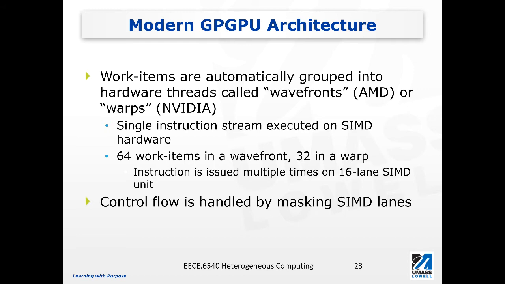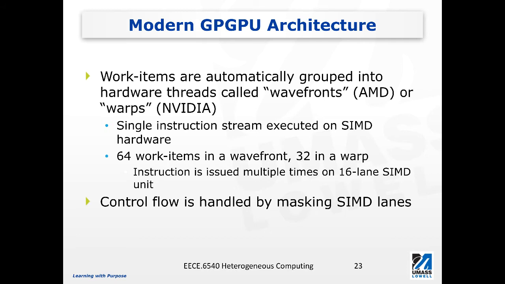And because it is SIMD, there are multiple SIMD lanes concurrently executing the single instruction. So in theory, you can have up to 64 work items in a wavefront on AMD processors and 32 in a warp on NVIDIA processors. These are the active hardware threads currently executing the instruction.